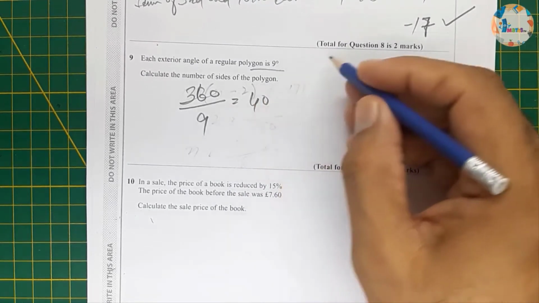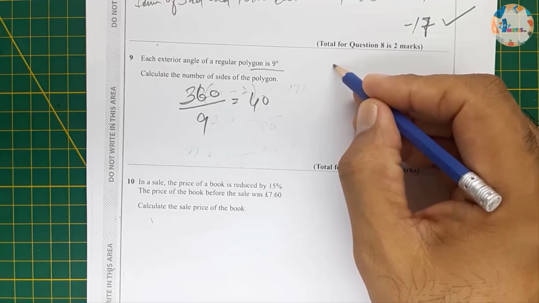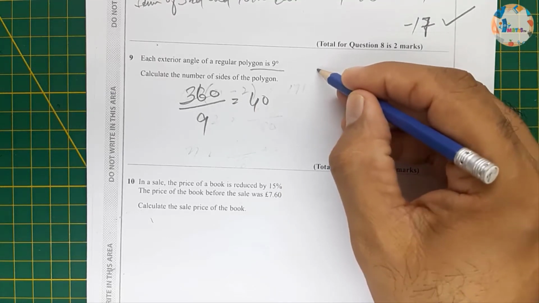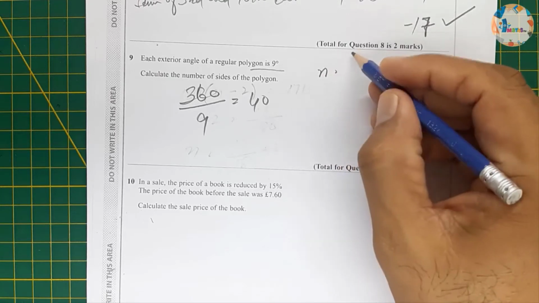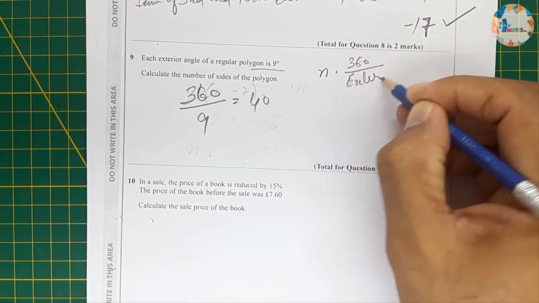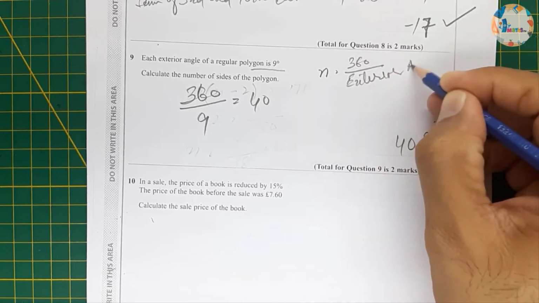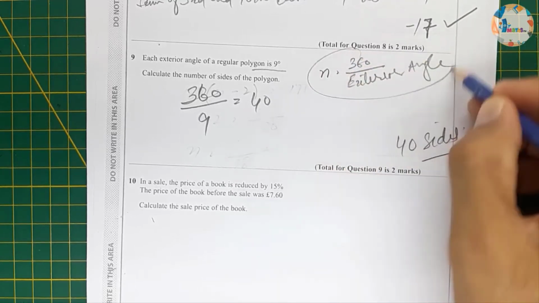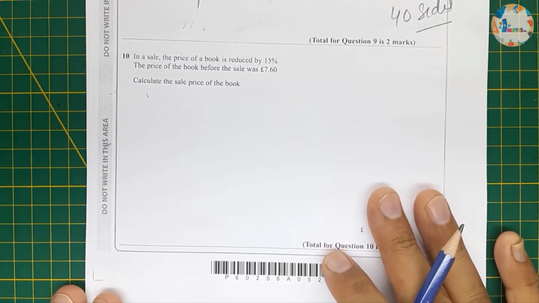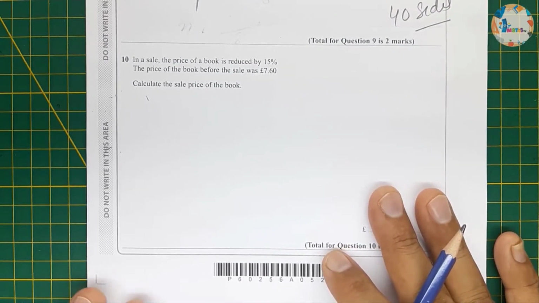So formula is what? 360 divided by the exterior angle. So n will be equal to 360 divided by exterior angle. We can use this formula to find the number of sides, which is 40.